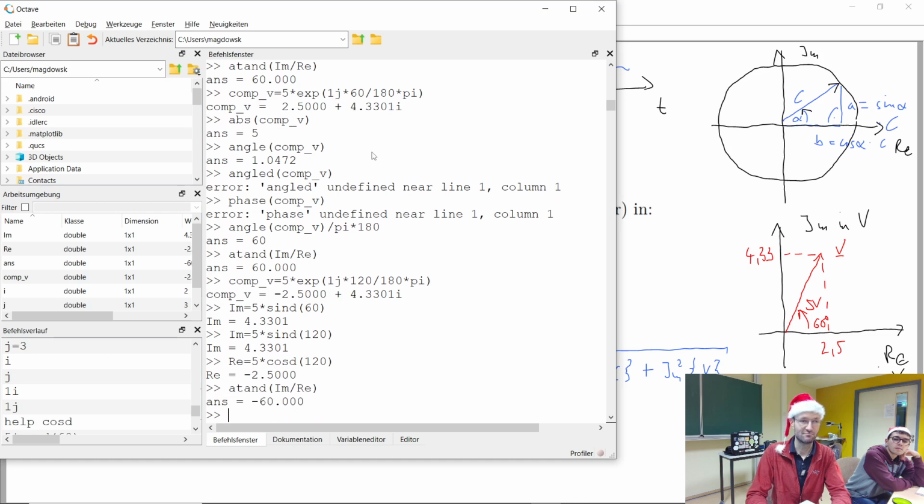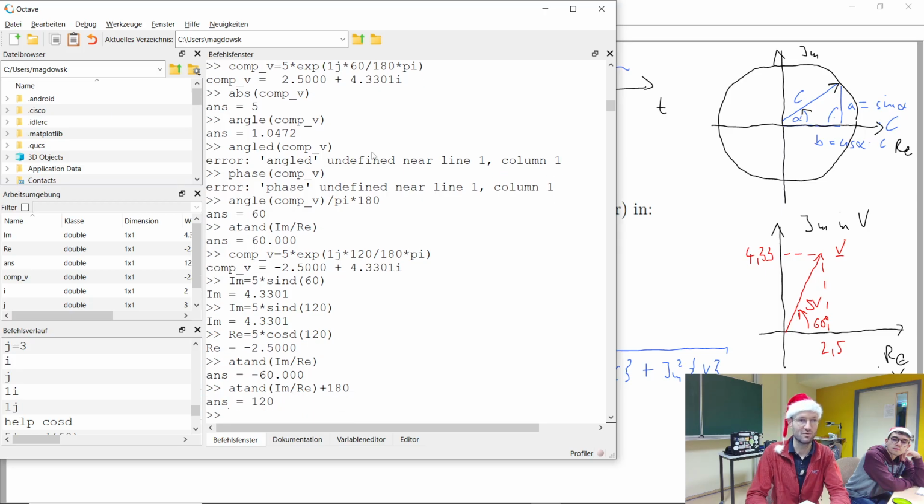But it does not work. We get minus 60. And to this wrong value, we would need to add 180, then we would get the real value. So why do we get the wrong value?